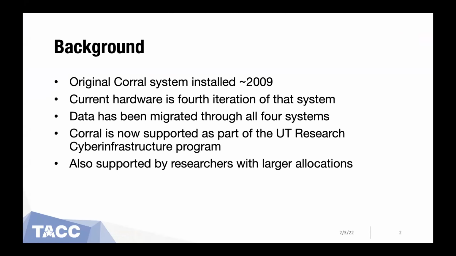And we've had data that's been continuously on all four of those systems, and actually even got migrated from various little things that we had sitting around TACC at the time that Corel was originally created. So it is something that I think of as continuous in the sense that if you stored data on Corel in 2009, you can still get back on that system today and still see all that same data in the same way.